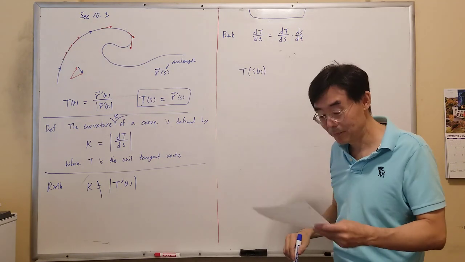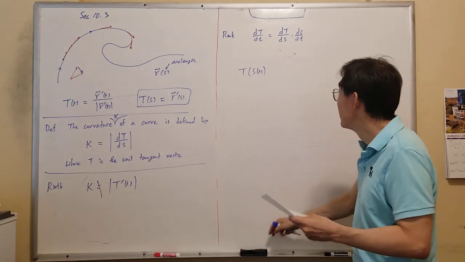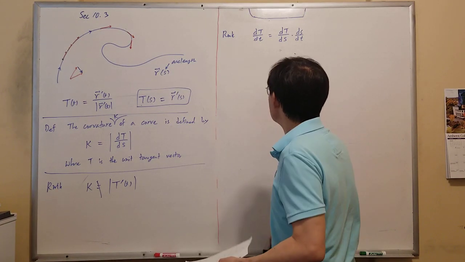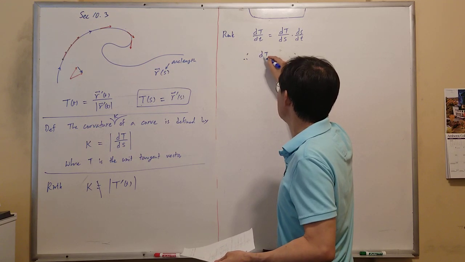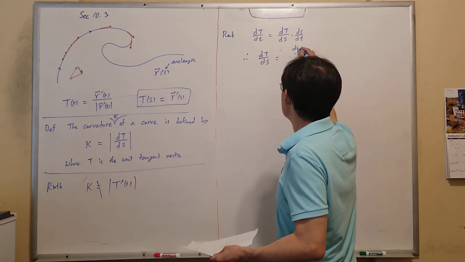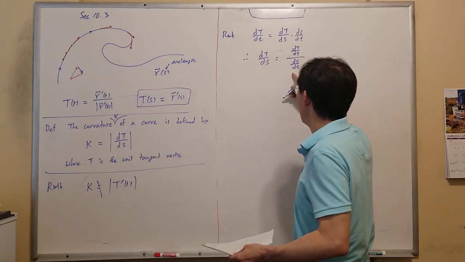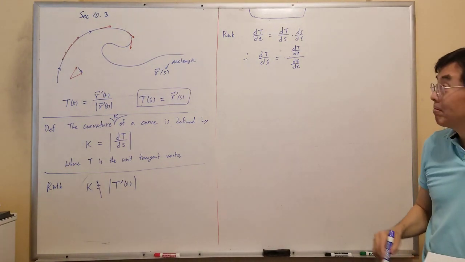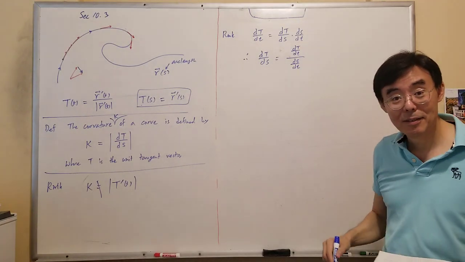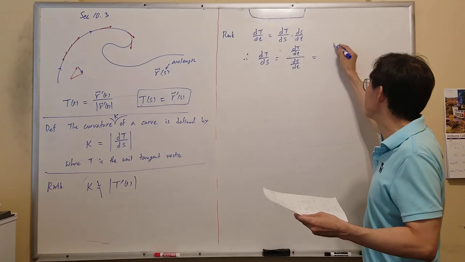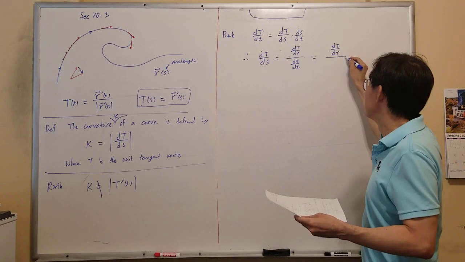This is the chain rule. Therefore, dT/ds is dT/dt over ds/dt. What was ds/dt? That was speed, right? This is speed.